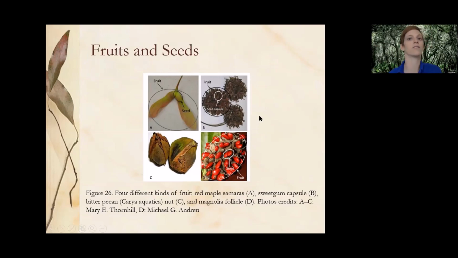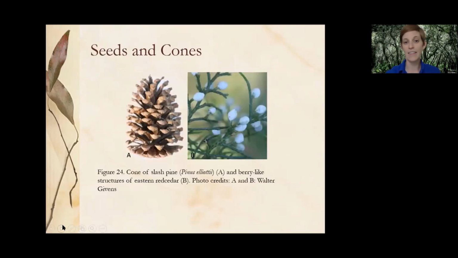Obviously, if you have acorns, you're going to be looking at some type of oak. We have lots of species of oaks though. So knowing those other characteristics I talked about with leaves and twigs will be helpful there. And then we have our gymnosperms that don't have, you know, the beautiful flowers to look at.